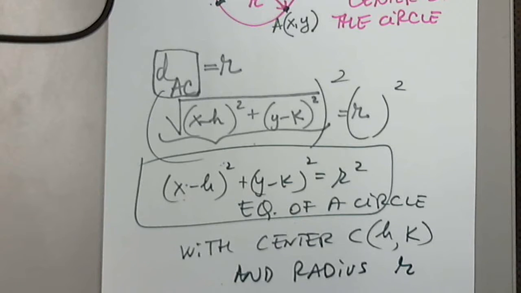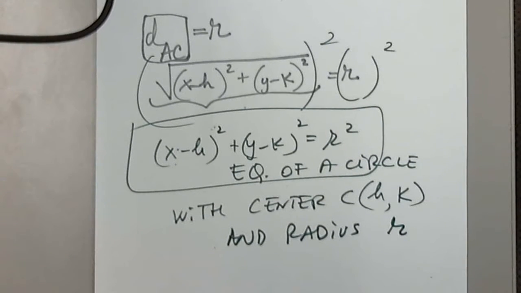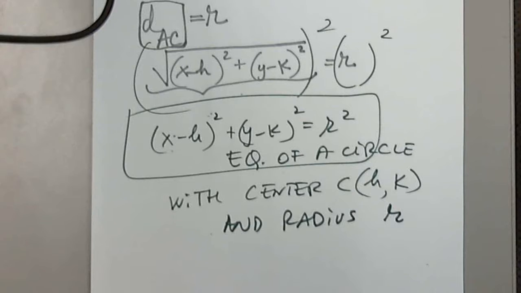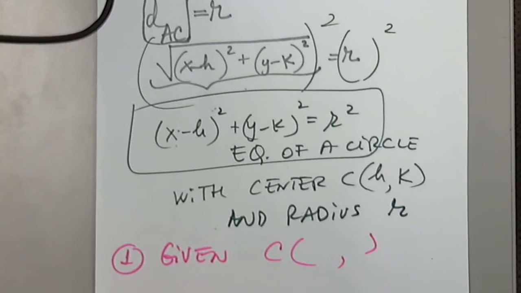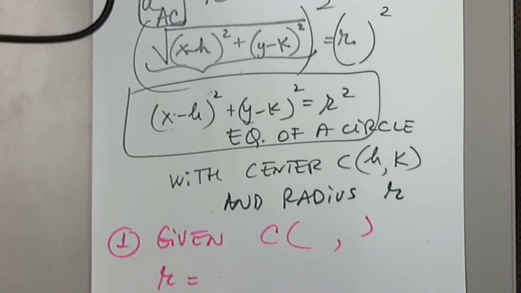There are three types of problems here concerning the equation of the circle. Three different types. The first two are much easier than the last one. So let's start with the first one. First type of problem. Given, and you're going to give me a center and the radius, whatever you want. 0, 0.